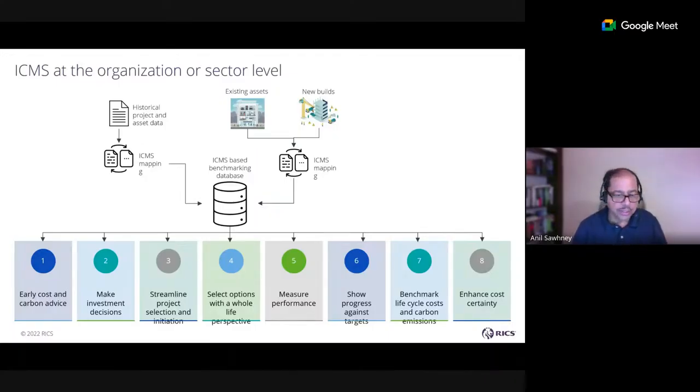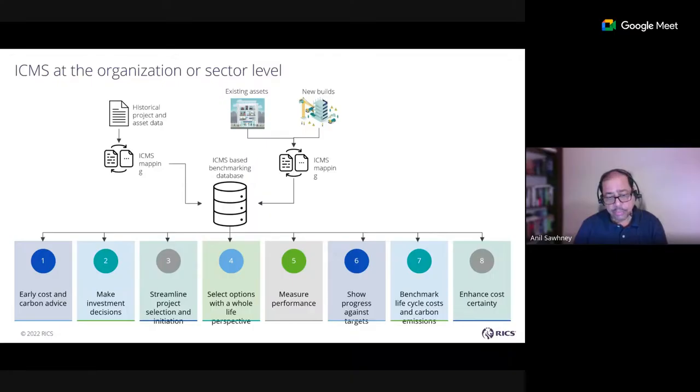So in that case, you're able to have the early cost and carbon advice, because now if a new school building has to be created, you can simply go into this benchmarking database and find out what the benchmarks are, what the baselines are, based on which you can give early cost and carbon advice to your client or to your senior leadership team. Then you can make investment decisions.